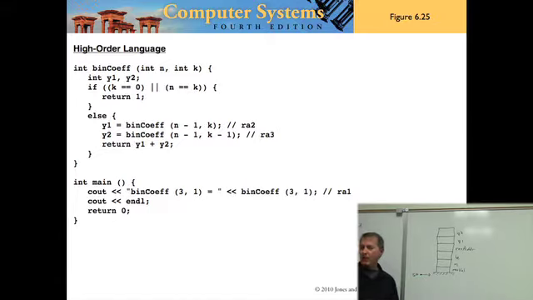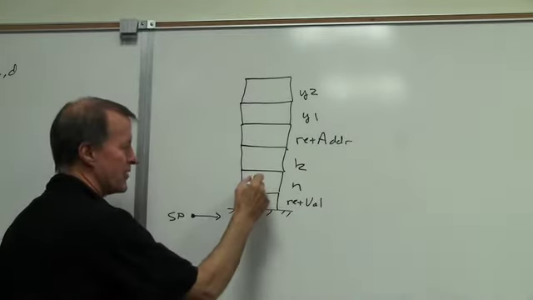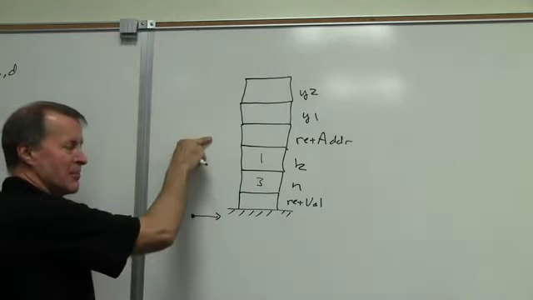At the return, here's what we have to do. What are we calling bin coefficient with? We're calling it with N and K, 3 and 1. So we need to put the 3 here, right, and the 1 here. And then we have to sub SP to get up here and then do the call.